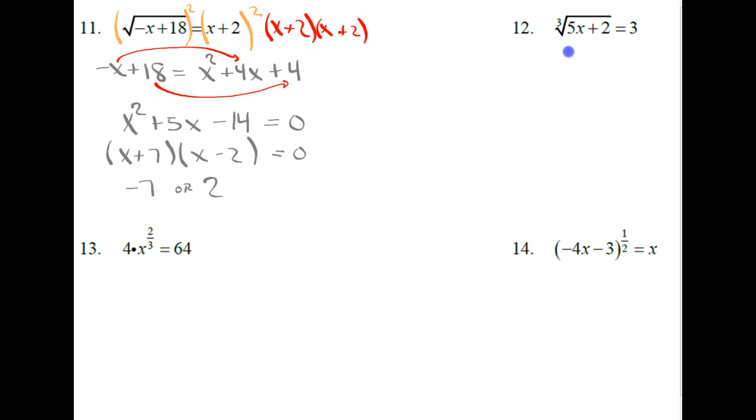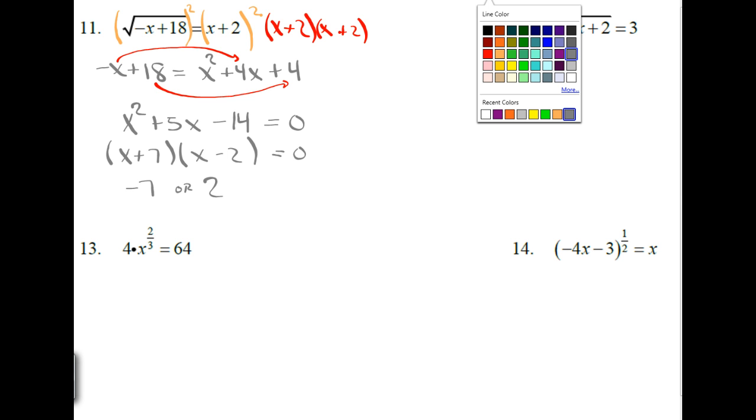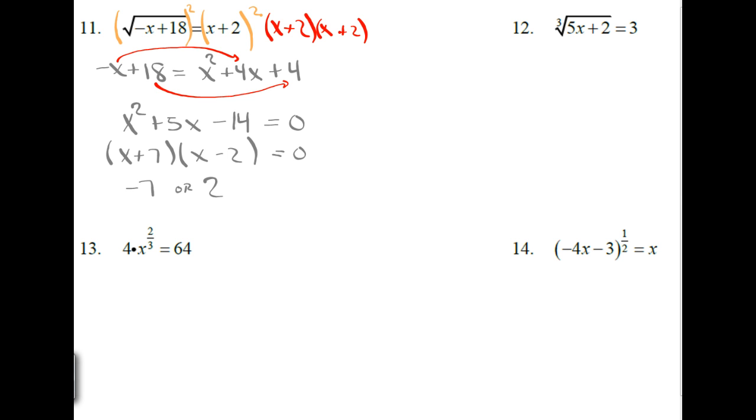Now we just have to double check and make sure that they are not extraneous solutions. If I put this negative 7 in here, it's going to equal a negative 7, and I'm going to omit all of the negative roots from my answer. So this would be square root of 25 equals negative 5.